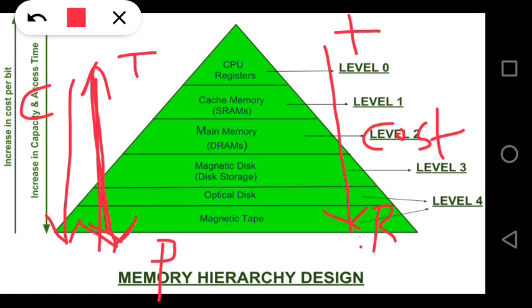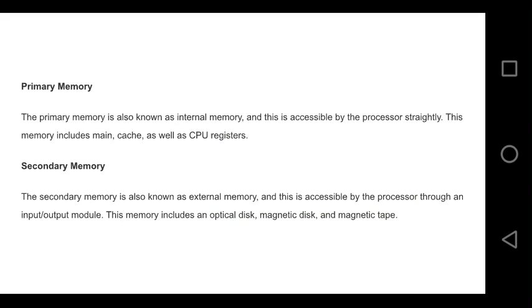Next, we know that the primary memory is also known as internal memory, and this is accessible by the processor directly. That means the processor can have direct communication with all these memory hierarchy elements which belong to primary memory, and this includes main memory, cache, and CPU registers.